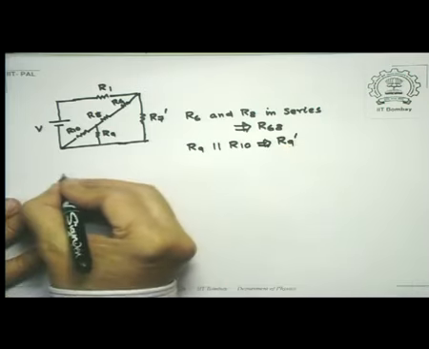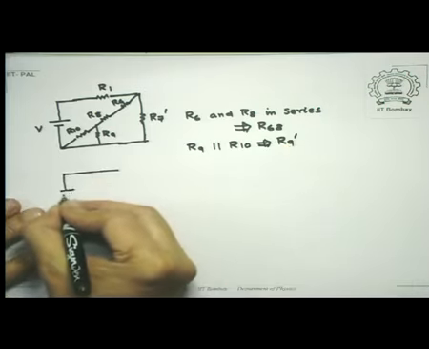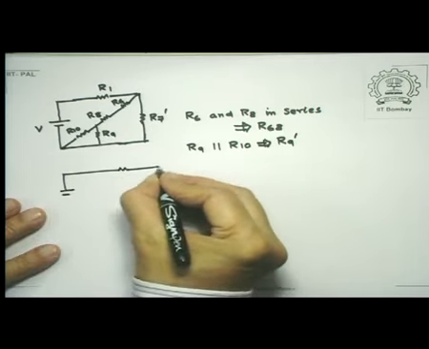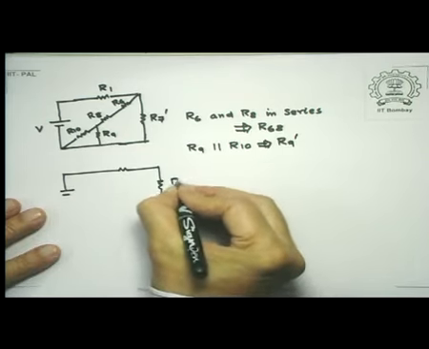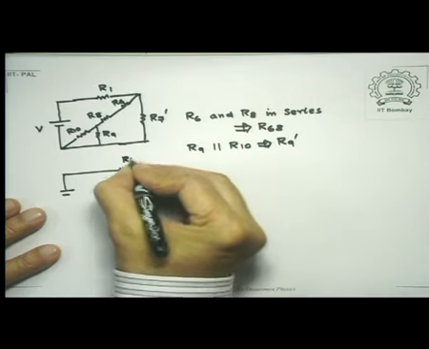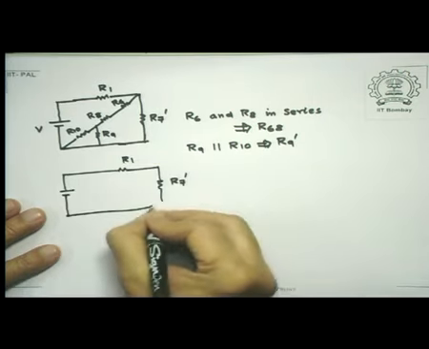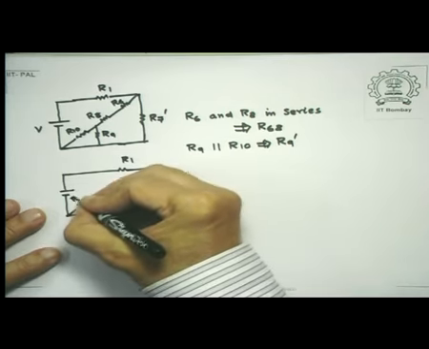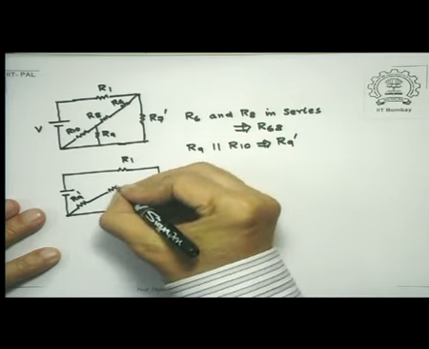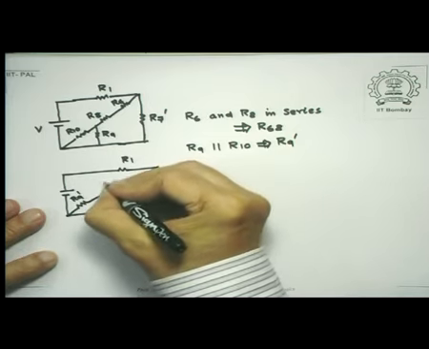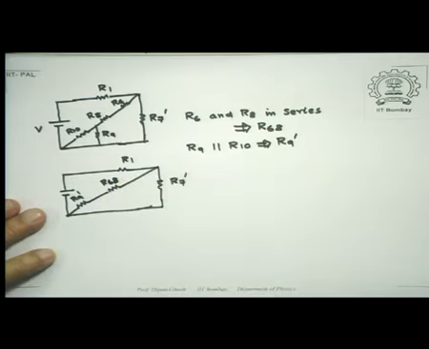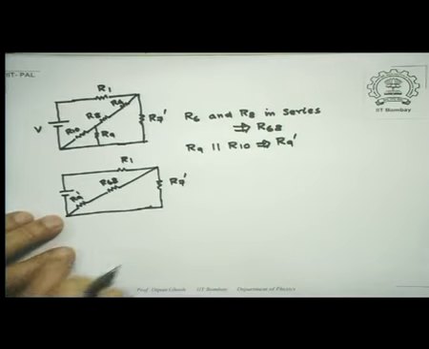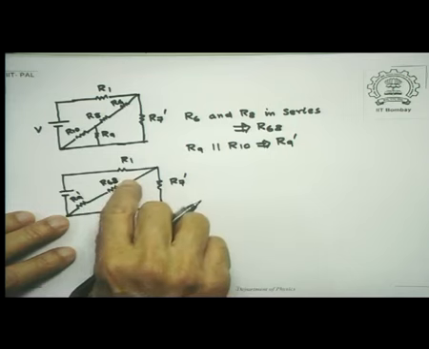So my circuit at this stage looks like this. This was R7 prime, this was R1, this is R9 prime, and this is R68. Now look at this circuit now. So what we find is that R9 prime and R68 are in series.